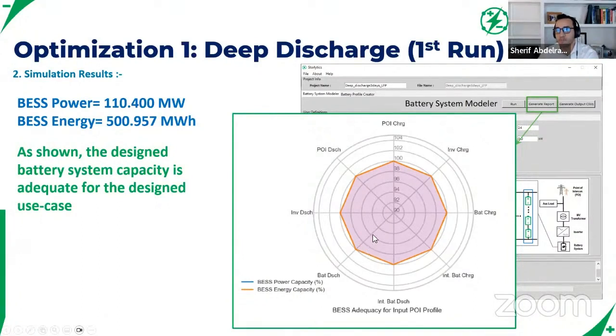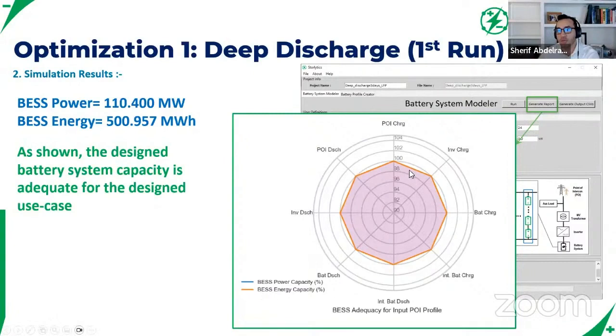In other words, what percentage of the power set points and the energy set points was achieved? In the case of energy, it's basically daily throughput. If you look at all the charge throughput signal at the point of interconnect and want to see how many of those were achieved, you get that percentage for the orange here.